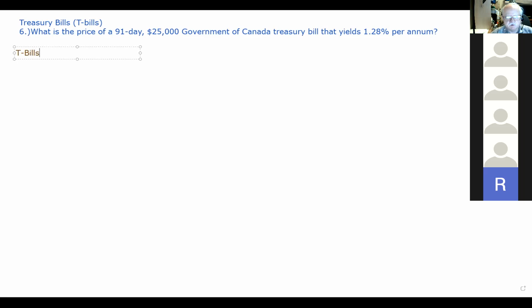T-bills, or treasury bills, are also legally transferable. What I mean when I say they're legally transferable financial instruments is one person can sell this piece of paper to another person.